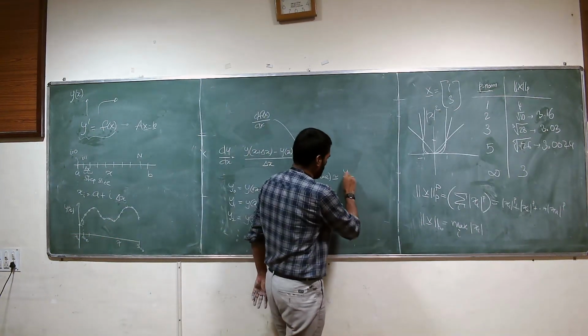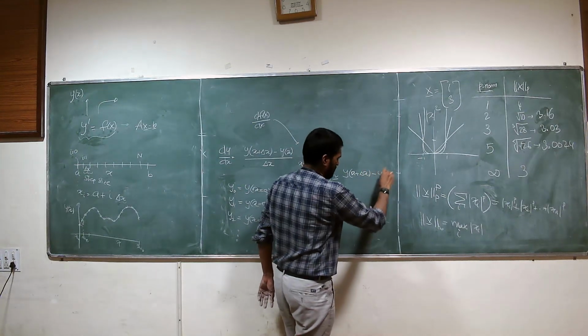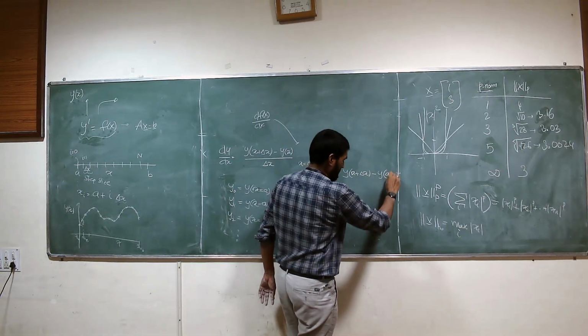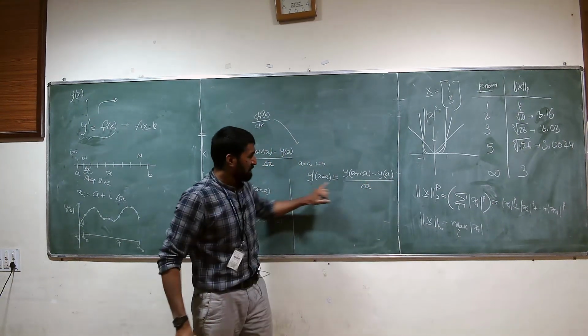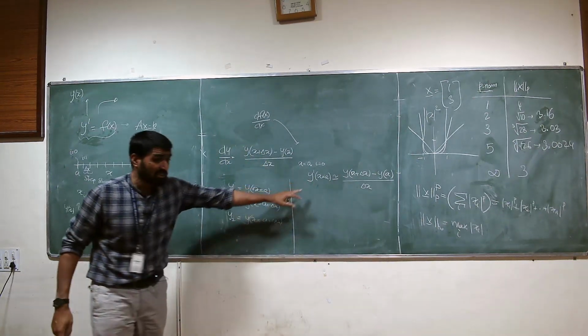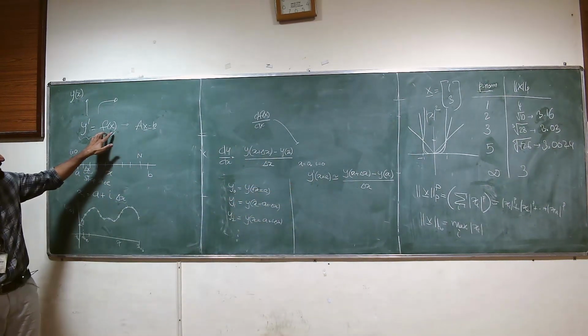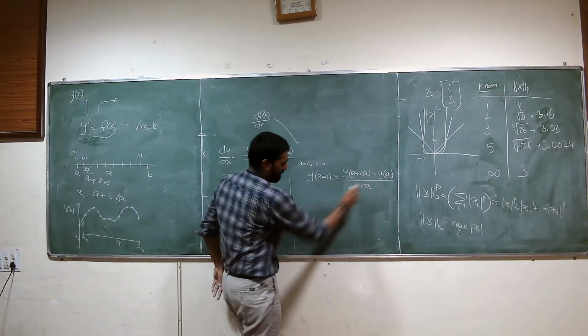That will be y of a plus delta x minus y of a, divided by delta x. This is my approximation for my derivative. But my differential equation says that this is equal to f of x. F of x I know because this is my input. That means this is equal to f of x.